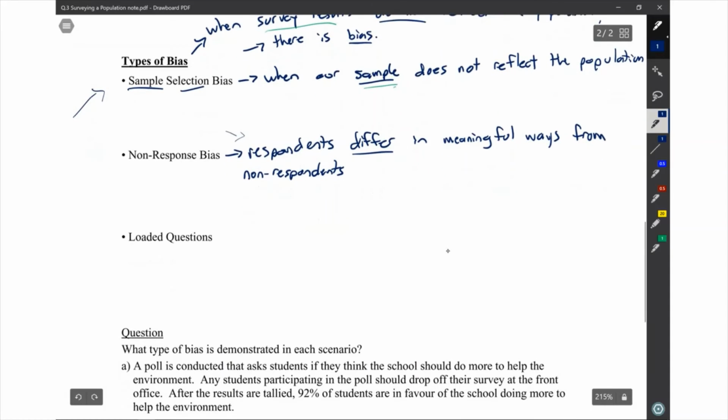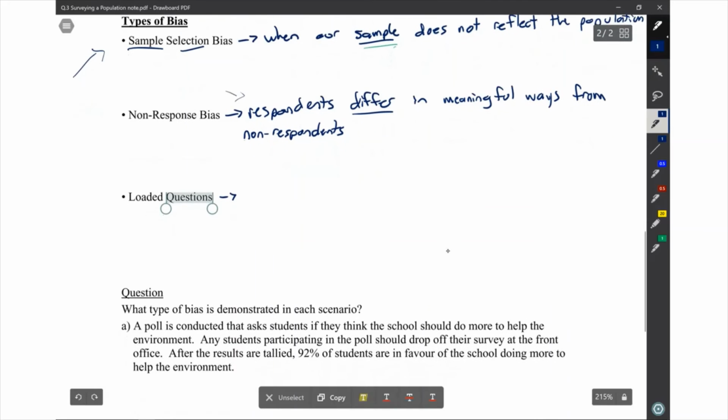Now, a loaded question is a scenario where within the survey you're asking a question that kind of forces a responder to respond in a certain way, to answer in a certain way.